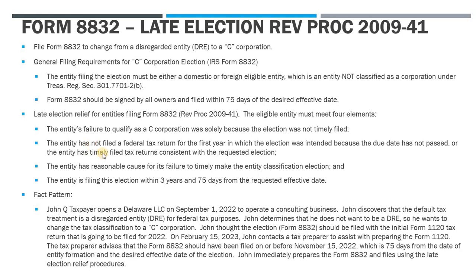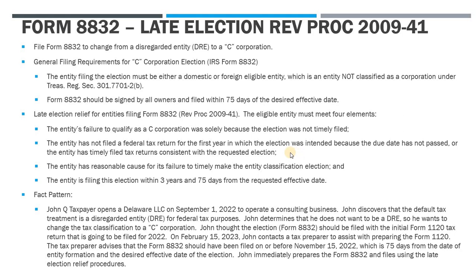The second piece here is the entity has not yet filed a federal tax return for the first year the election was intended because the due date has not passed. So in other words, we're catching the issue before we even reach that first deadline for the first tax return. Or the entity has timely filed tax returns consistent with the election.